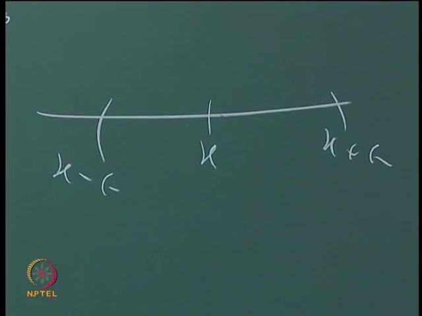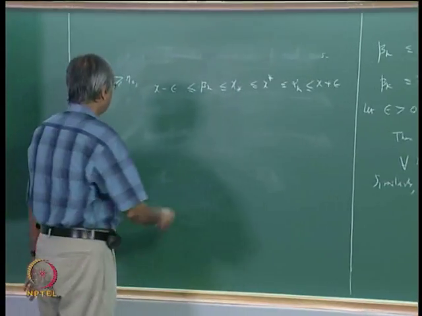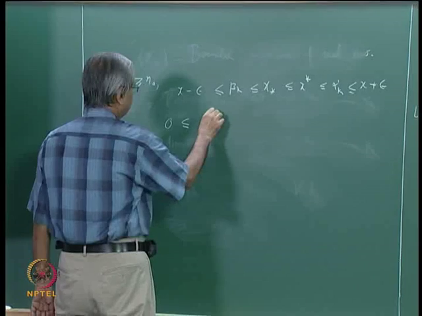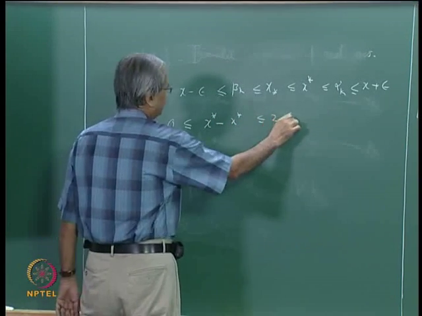We already know that limit superior is bigger than or equal to limit inferior. So combining all this, we get 0 less than or equal to limit superior minus limit inferior, which is less than or equal to 2 epsilon.